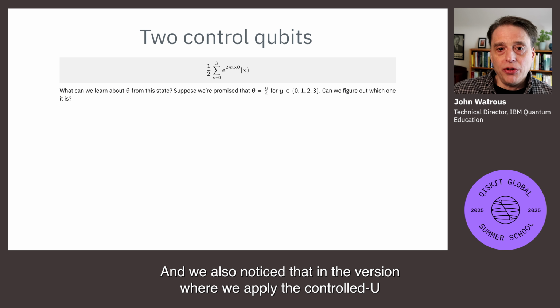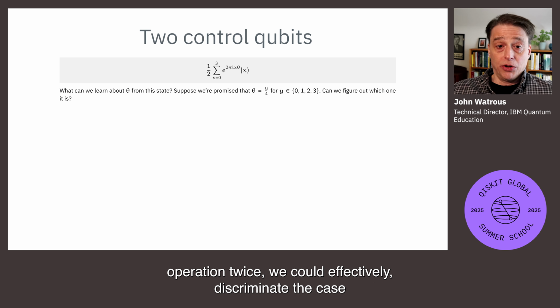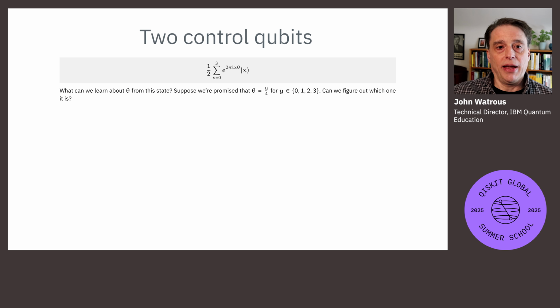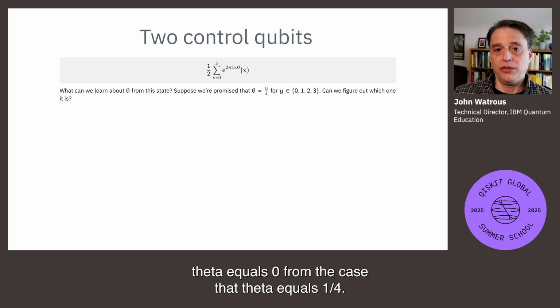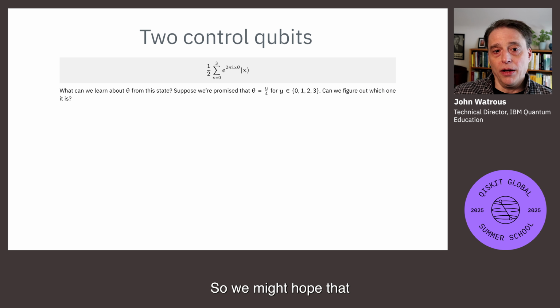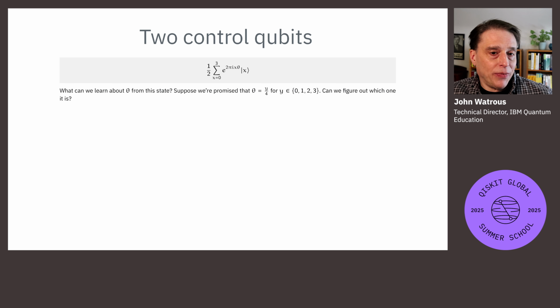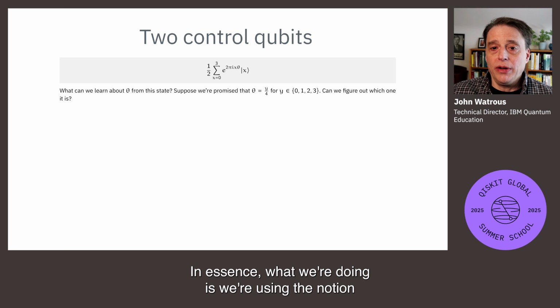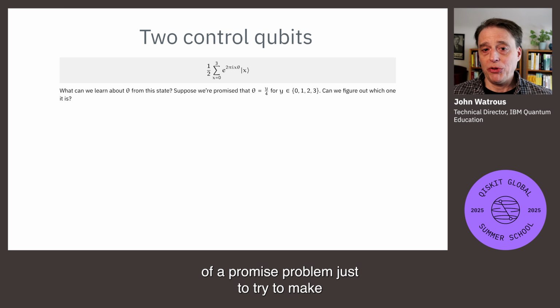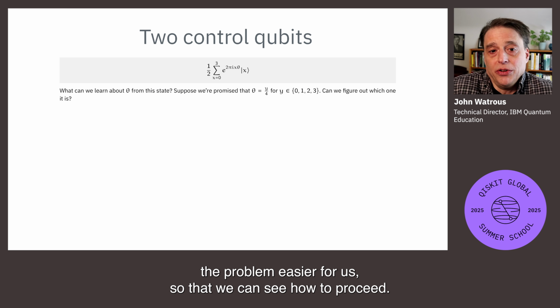And we also noticed that in the version where we applied the controlled U operation twice, we could effectively discriminate the case theta equals 0 from the case that theta equals 1/4. So we might hope that with our new circuit, we can discriminate these 4 cases. In essence, what we're doing is using the notion of a promise problem just to try to make the problem easier for us so that we can see how to proceed.